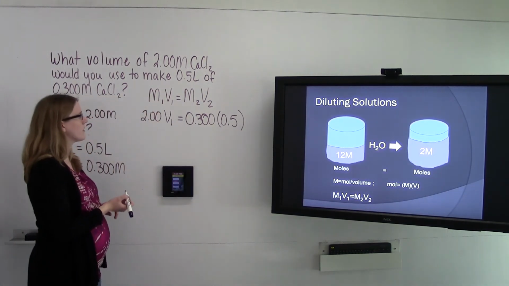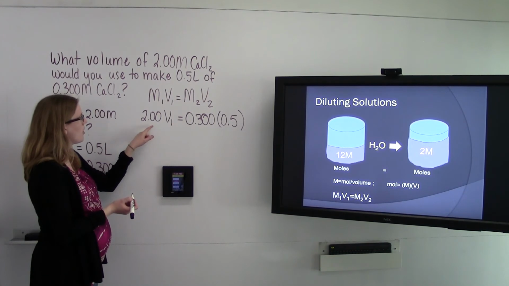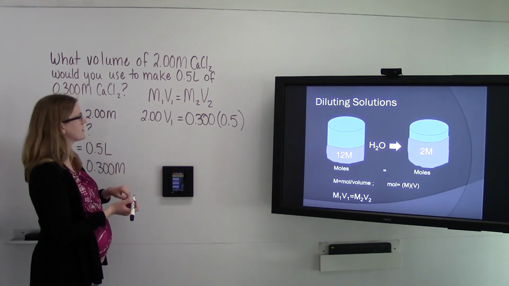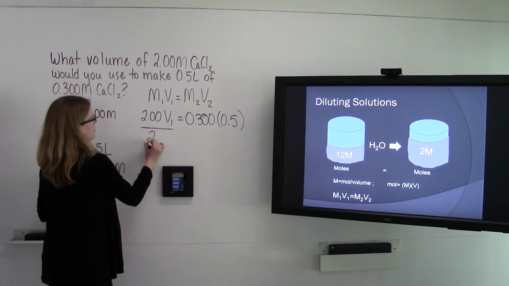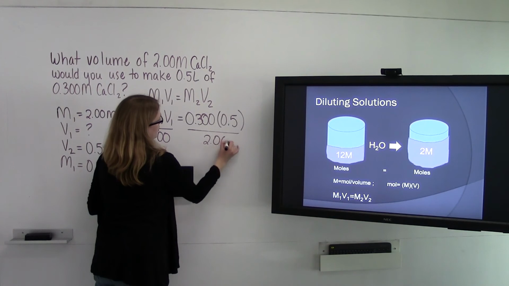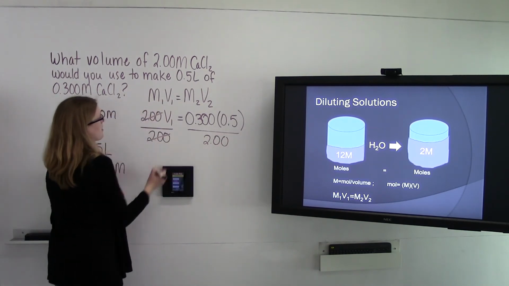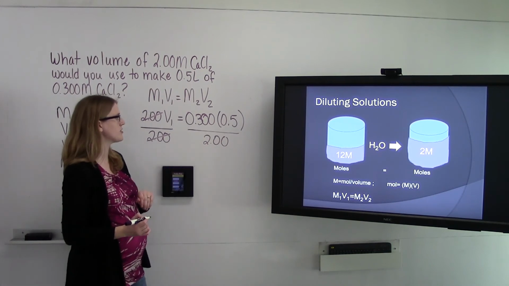Okay, now let's do a little tiny bit of algebra. How do we get this V1 all by itself? Yeah, we divide both sides by the 2. Those cancel, and we end up with V1 equals 0.3 times 0.5 divided by 2.